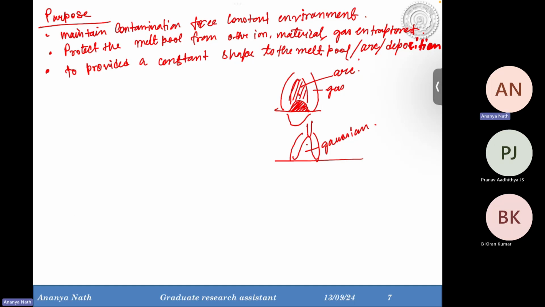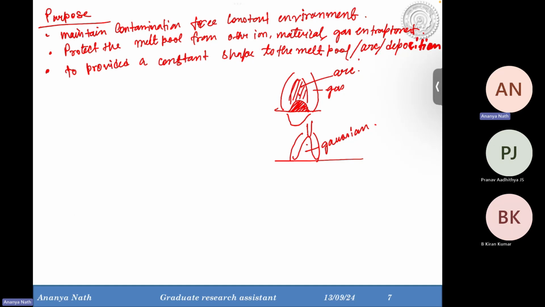Now let's come to gas flow rate, which is a process parameter. Yes, it is, because we have to provide a high gas flow rate so that we can maintain the shape of the arc, maintain the shielding process and contamination free deposition.